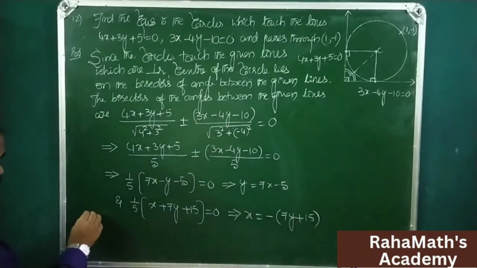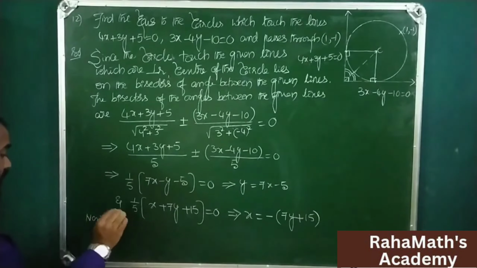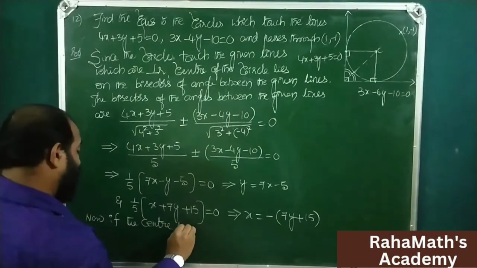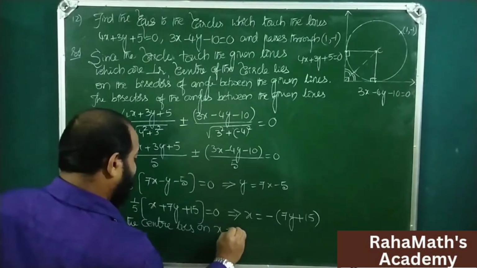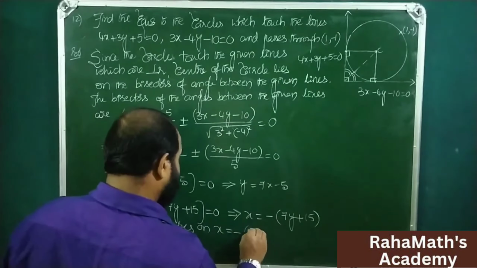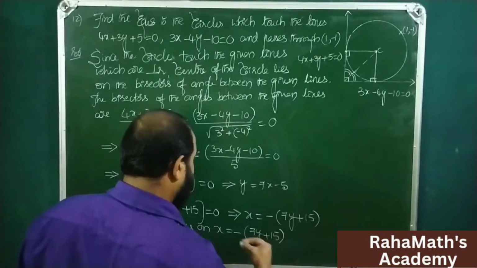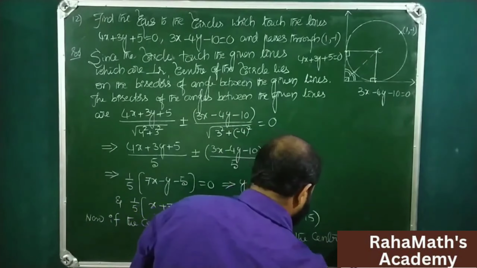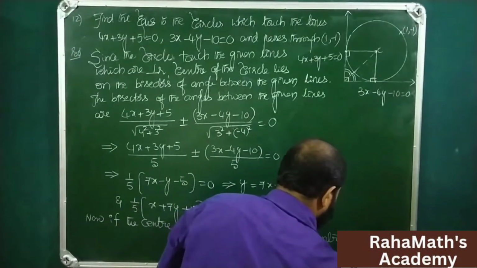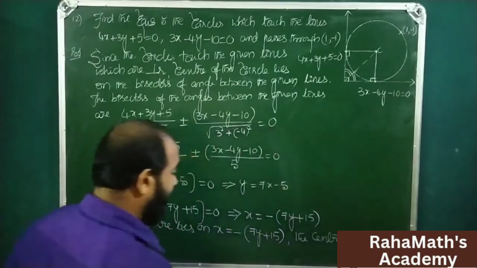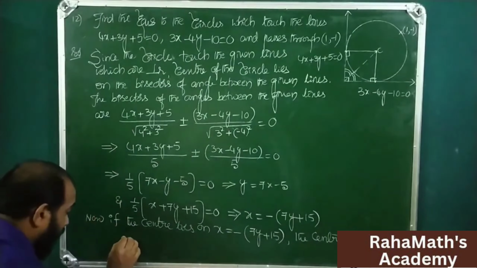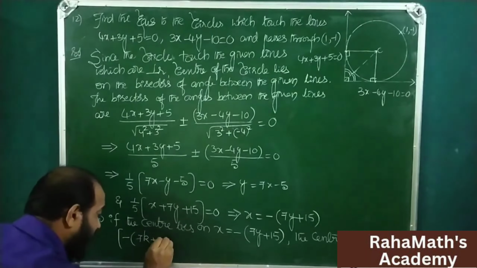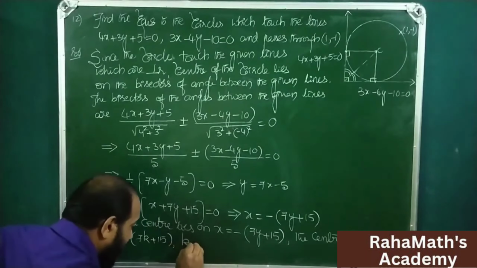So now, if the center lies on x is equal to minus of 7y plus 15, the center is of the form minus of 7k plus 15 comma k.